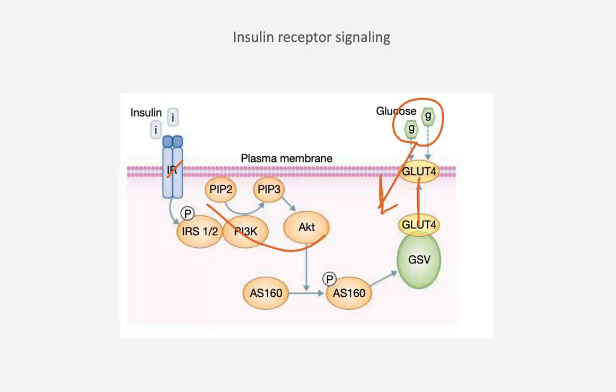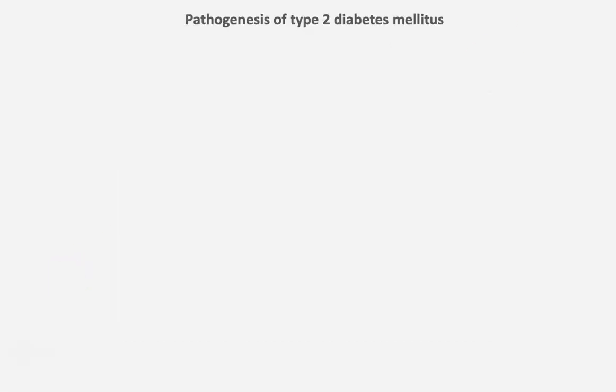In that way, insulin promotes uptake of glucose into muscle and adipose tissue and functions to lower the blood glucose level.